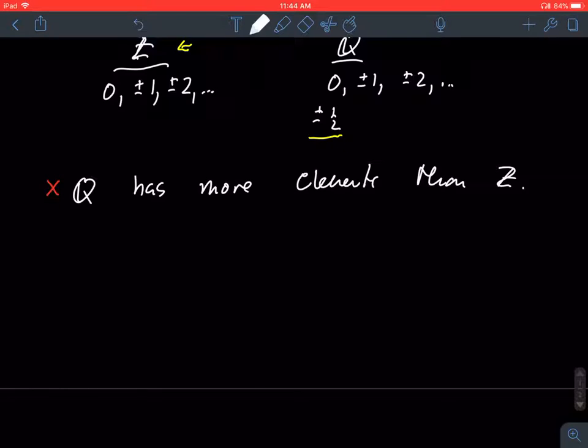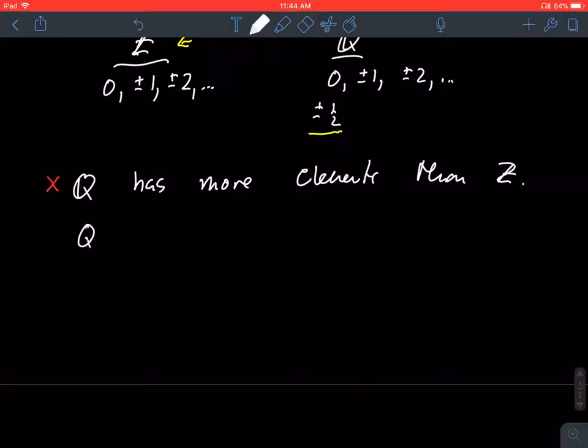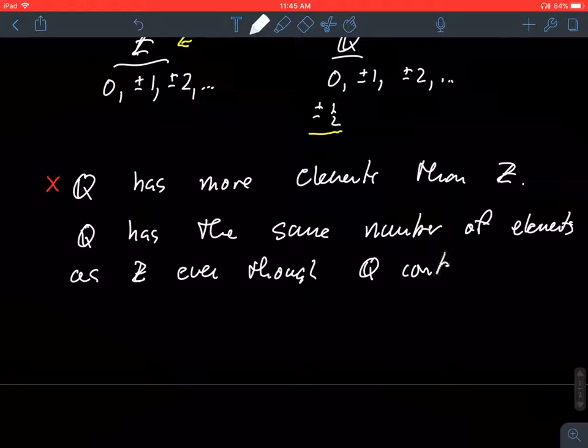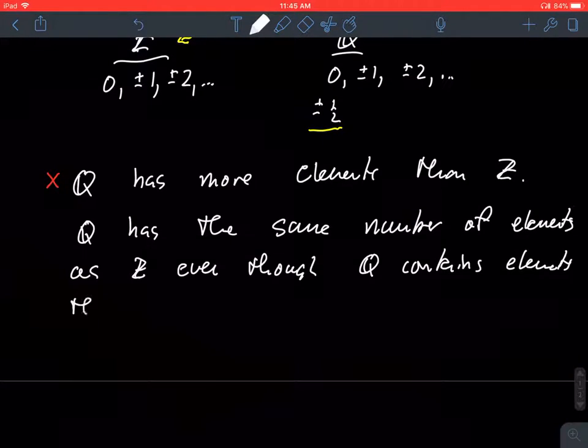There is a way to pair this off, and so we know that Q has the same number of elements as the integers, even though Q contains elements that Z does not.